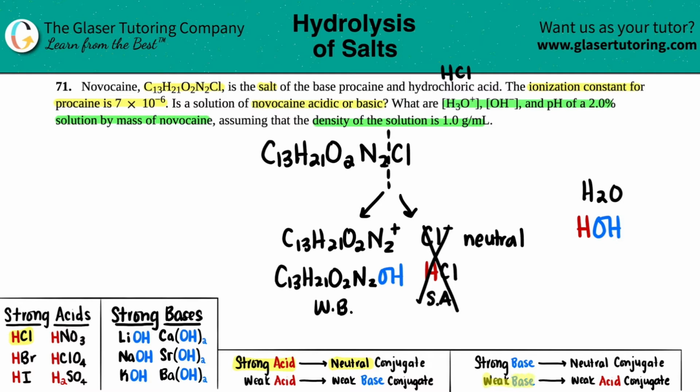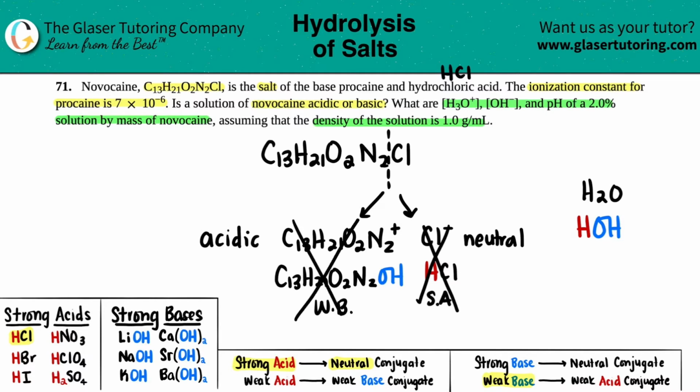Just know that for weak bases, the conjugates would still be slightly weak, but it has the acid word. Remember, bases turn into conjugate acids, acids turn into conjugate bases. But it's acidic nonetheless. So since you have a weak base, the conjugate that we have is slightly weak, but it's acidic nonetheless.